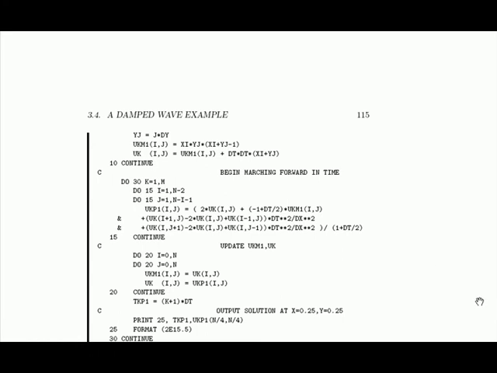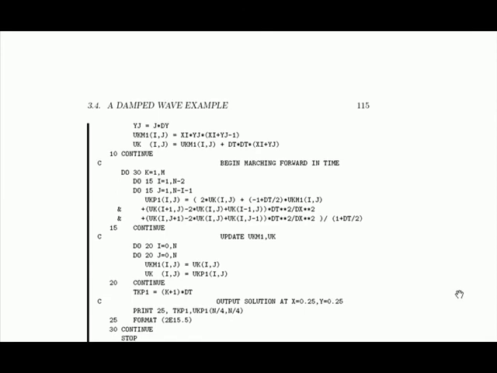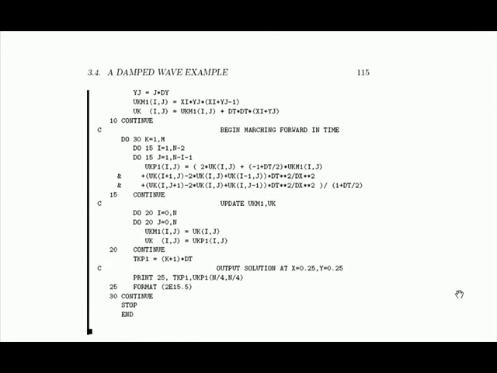There's the entire program. Because it's explicit, there are implicit methods for the wave equation, by the way, that are always stable, but then you have to solve a linear system every step. This is explicit, so you can solve for u at x_i, y_j, t_k plus 1 in terms of things at the t_k and t_k minus 1 level.